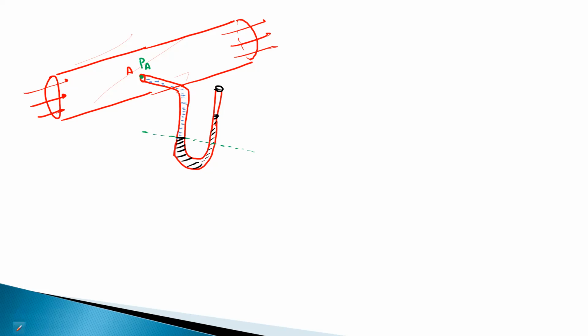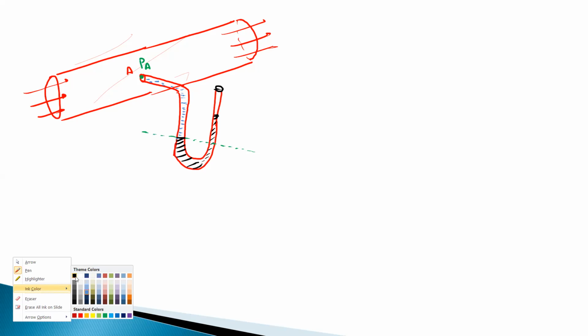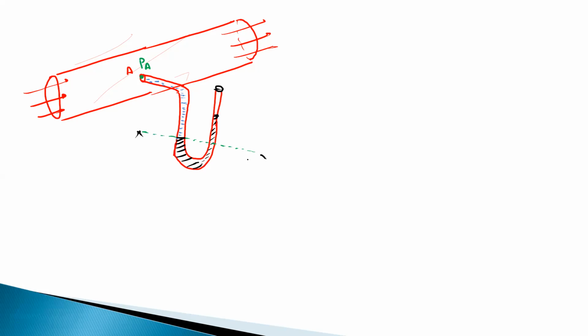Okay. And then you can select the reference line, which is the XX. Just measure this height in the left limb, and measure this height for the mercury in the right limb. So this is your H2. This is the H1.